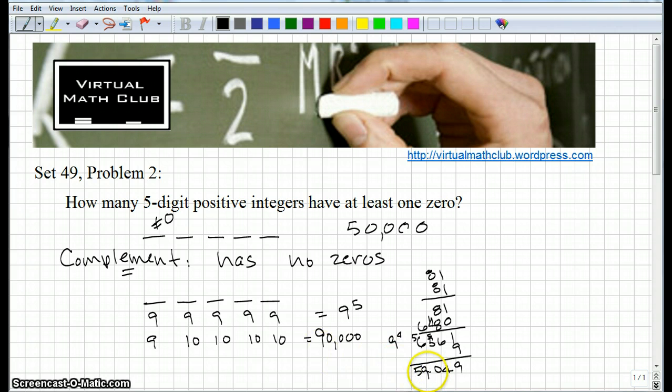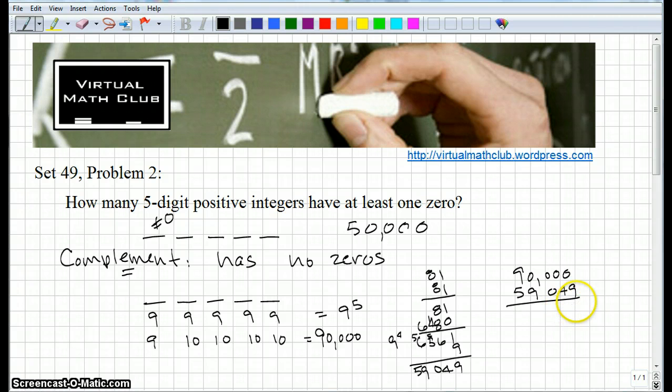And 59,049 have no zeros. So how many have at least one 0? Well, we can take 90,000 and subtract 59,049.